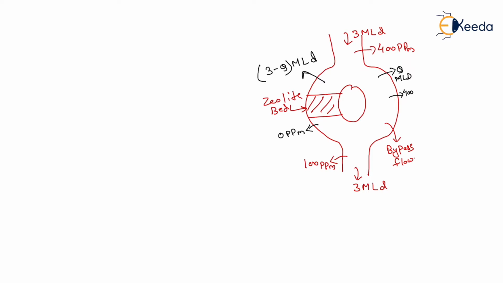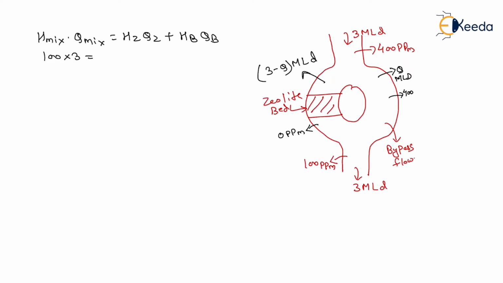Now we need to calculate the amount of water passing through the bypass flow as well as the zeolite bed, for which we know the formula: hardness of mixture into discharge of mixture equals hardness of zeolite bed into discharge of zeolite bed plus hardness of bypass flow into discharge of bypass flow. Hardness of mixture is 100 ppm and discharge is 3 MLD.